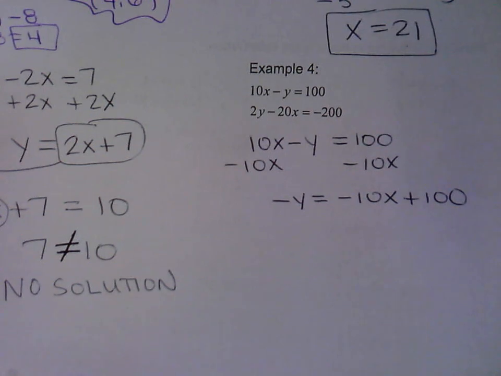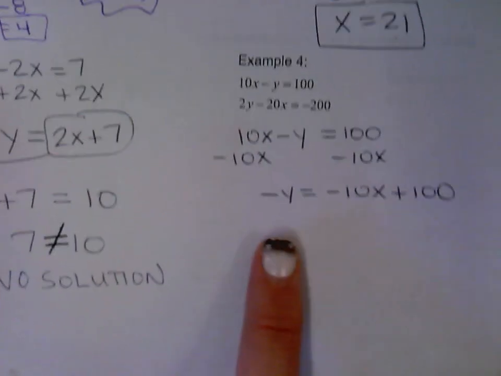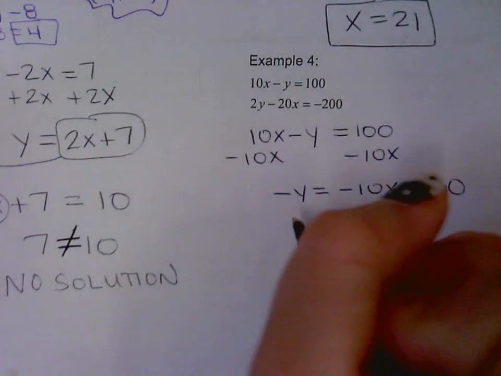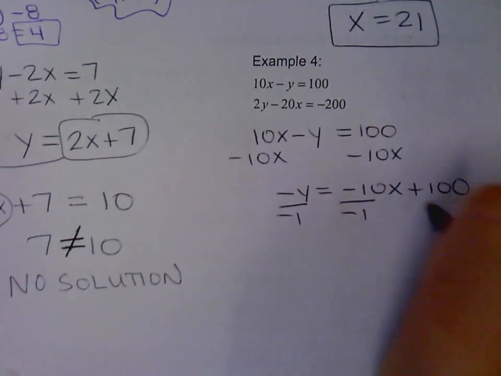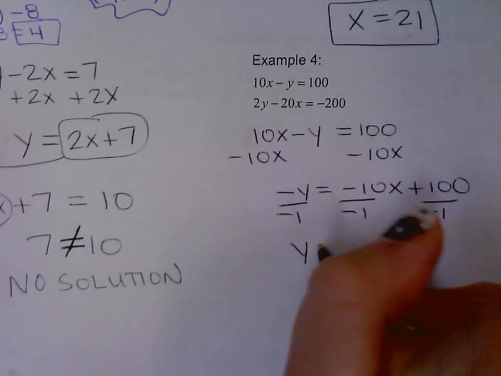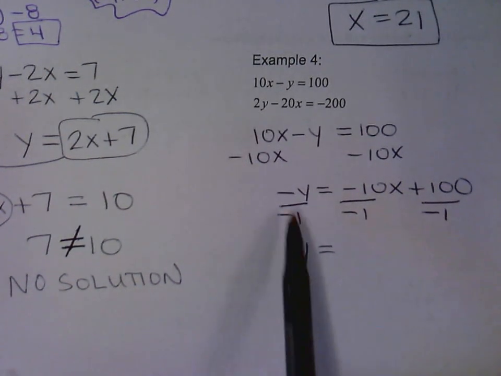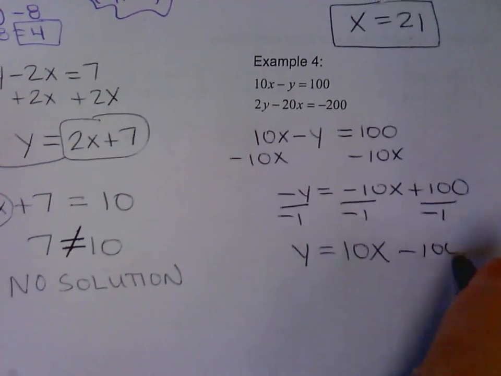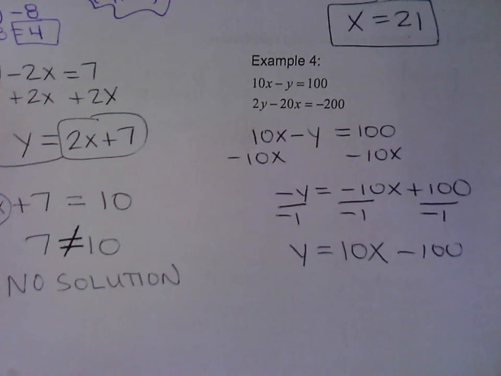What do I have to do to get y by itself? When you divide by -1, what are you actually doing? You're really just switching the sign on every single number in the problem. If you want to go through and say that you're dividing by -1 to show that step, all I do is I just switch all the signs. So this would be a positive y, this would be a positive 10x, and this is now a negative 100.